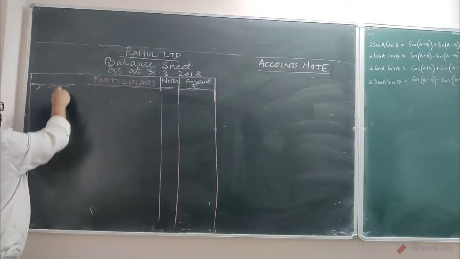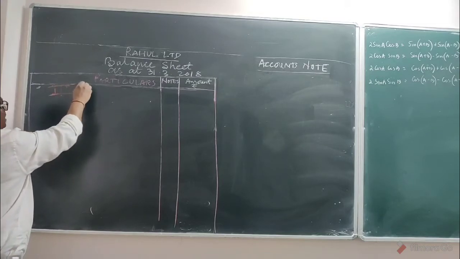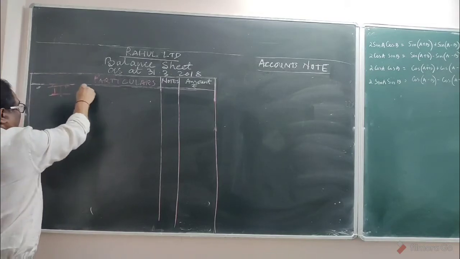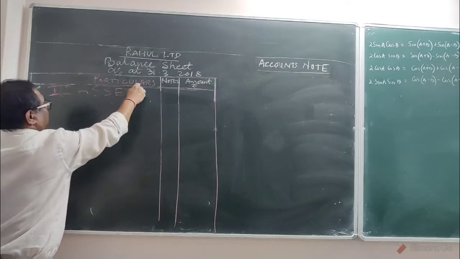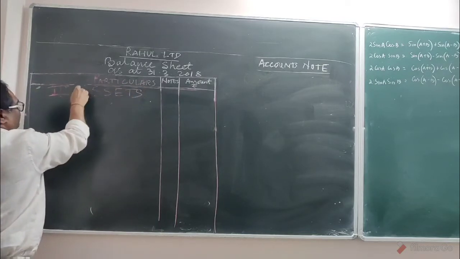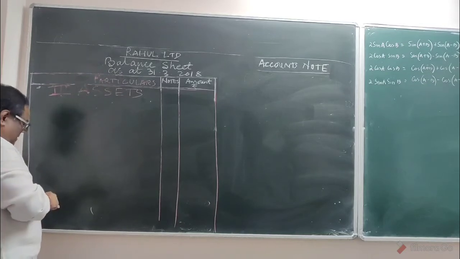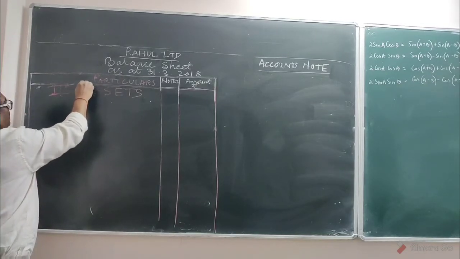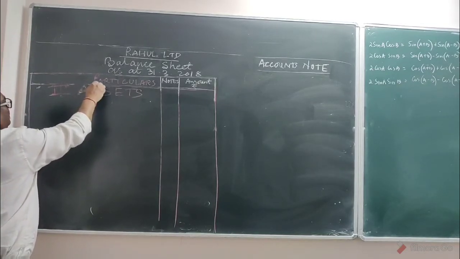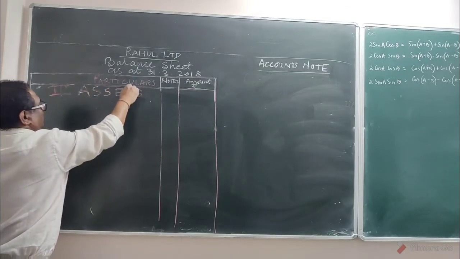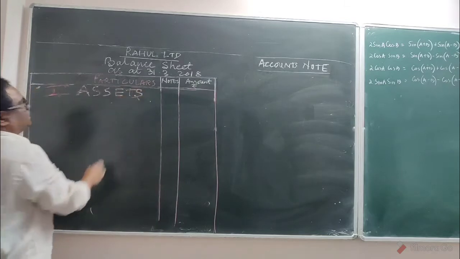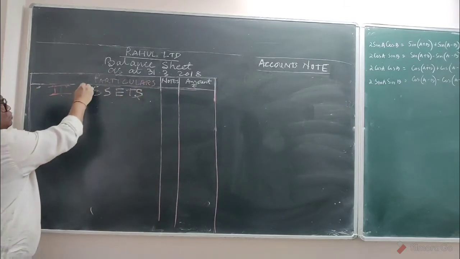I am writing here Roman 2, the major heading, the asset side, assets. How are the assets shown here now?